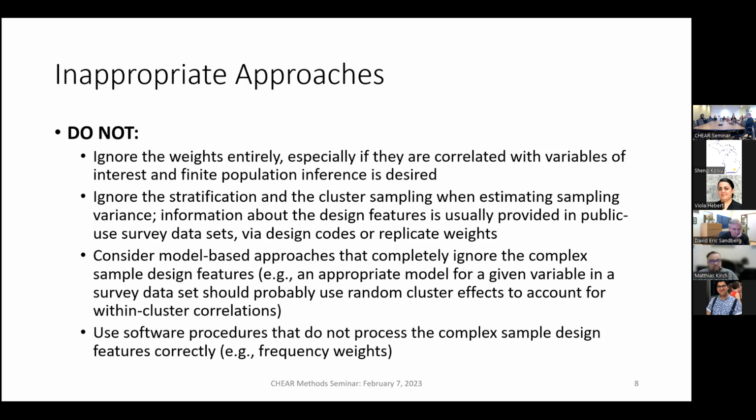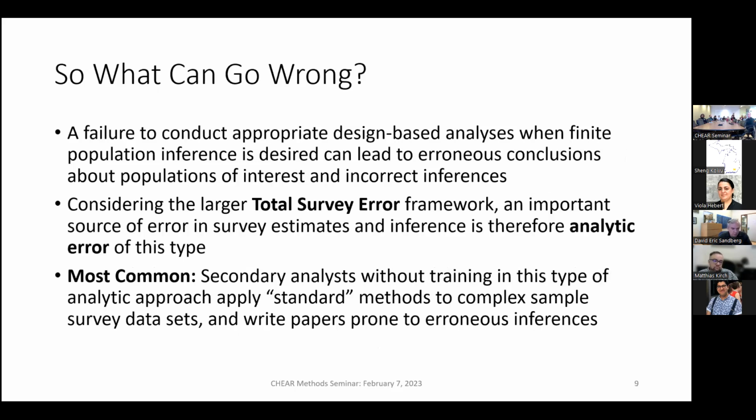And somebody with a weight of 0, guess what? They get thrown out of an analysis. And people come to me and say, why am I losing 1,000 cases? Because you're using SPSS and you're not using the appropriate software. Okay. So definitely make sure that you're using specialized software that can handle this design information correctly.